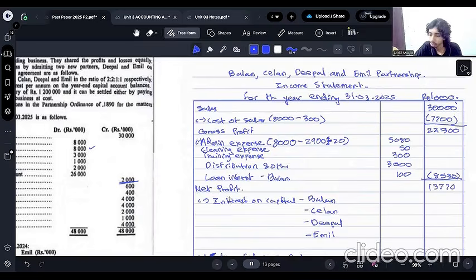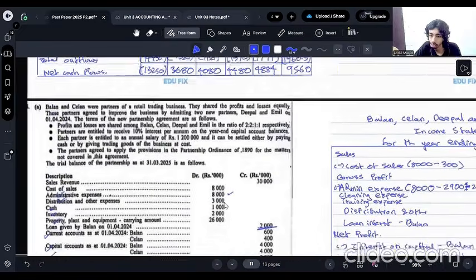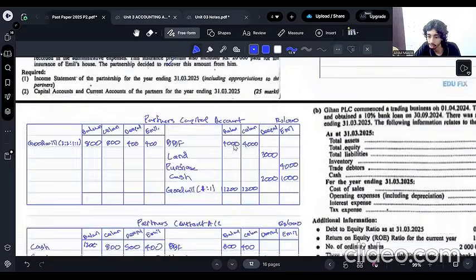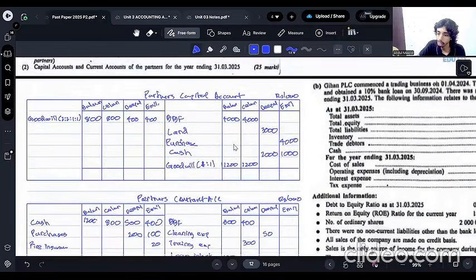Now you can provide interest on capital. Interest on capital, what are they saying? Partners are entitled to 10% interest per annum on the year-end capital balance. Year-end, then you have to balance off your capital account. 5,200, 5,200, 5,000, 5,000.